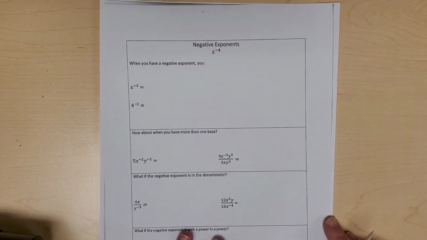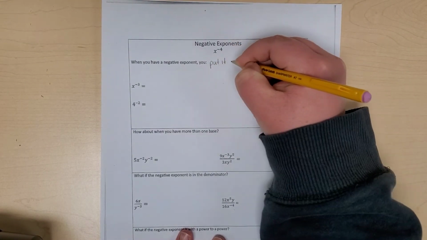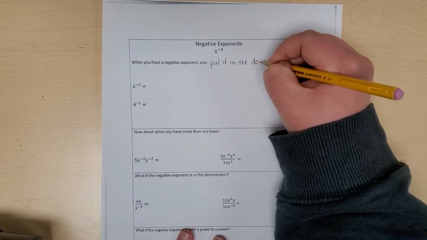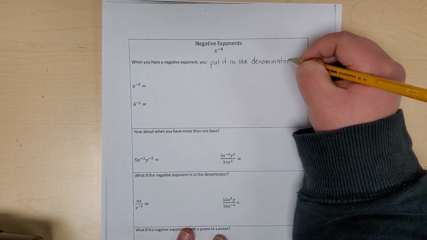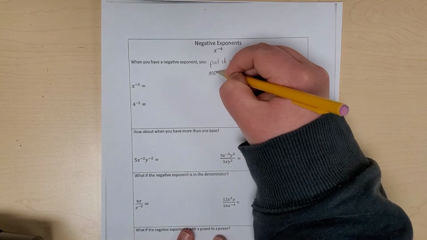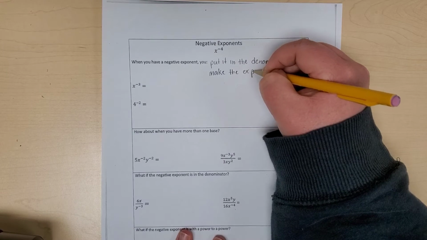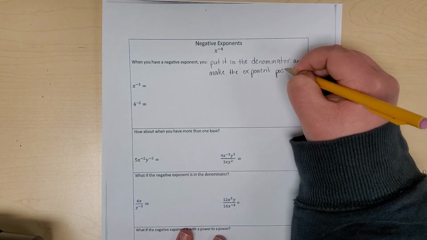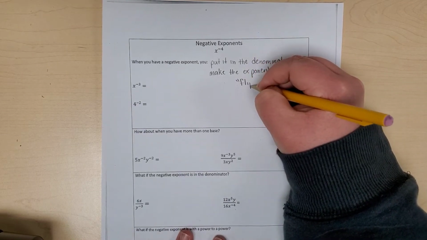So when you end up with a negative exponent, you need to put it in the denominator and make the exponent positive. A lot of times you'll hear us say that you need to flip it, and that's what we'll be talking about.